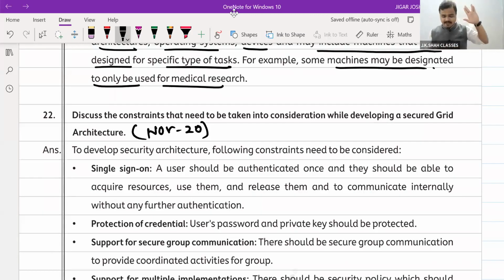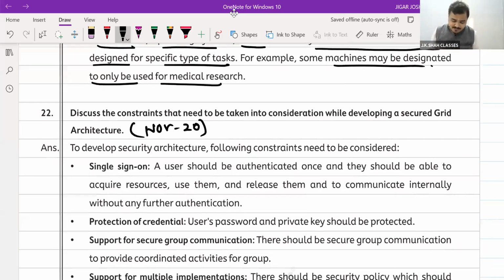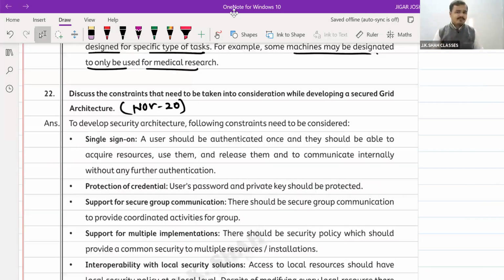Should we proceed? Listen, this question can be asked in a different way. Let me give you the different way. Please listen to my question very carefully.